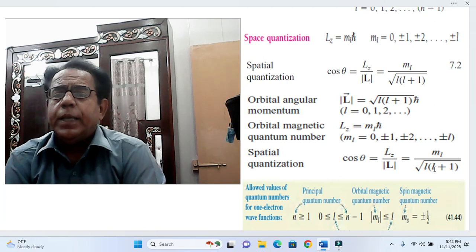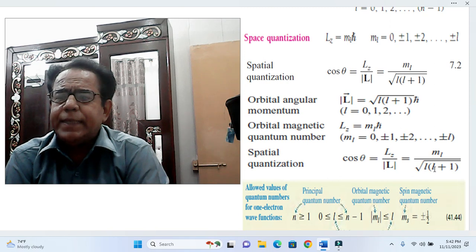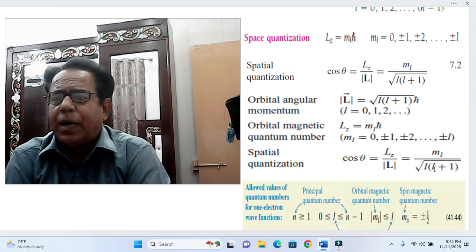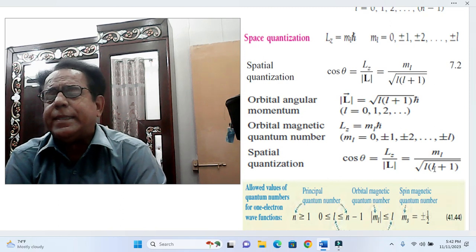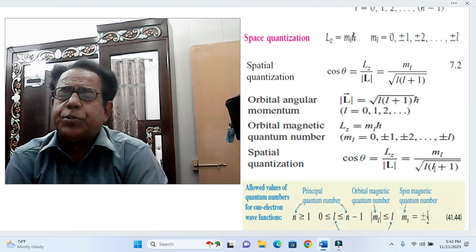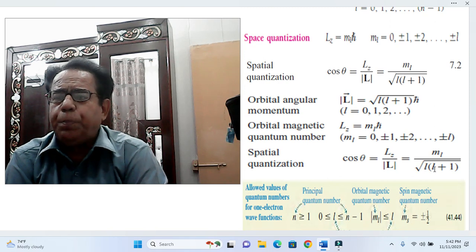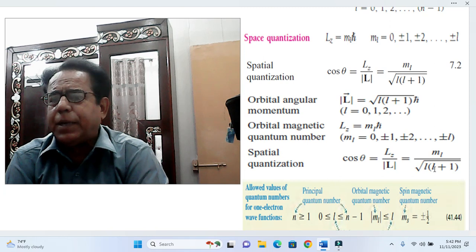Next snapshot is about the orbital magnetic quantum number. This is Lz equal to m_l h cut, or h bar, where h bar is Planck's constant divided by 2 pi. Here m_l is equal to 0, plus minus 1, plus minus 2 and so on up to plus minus small l.